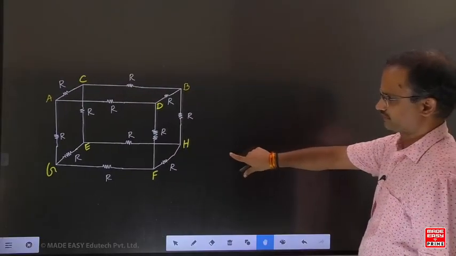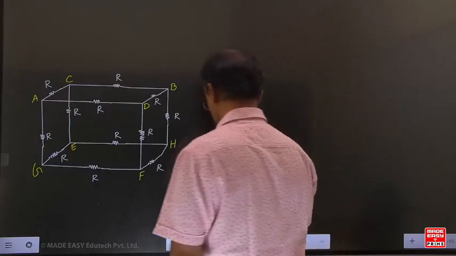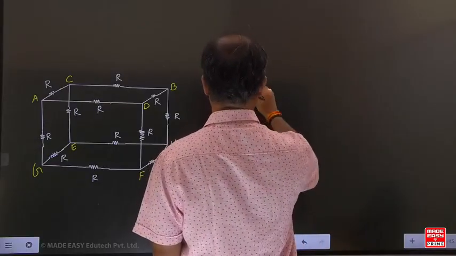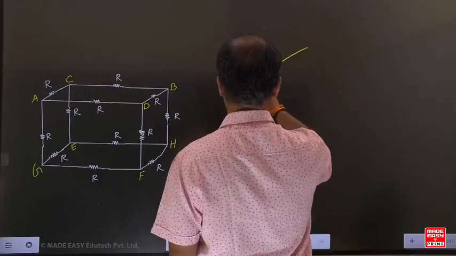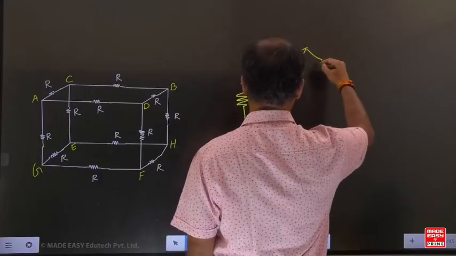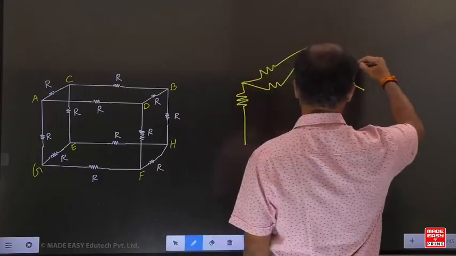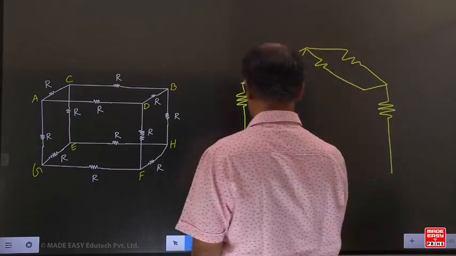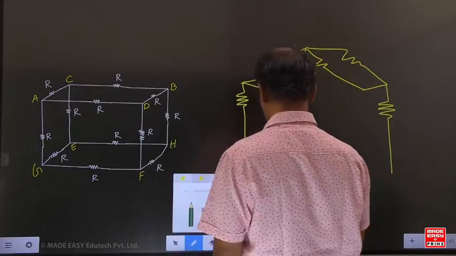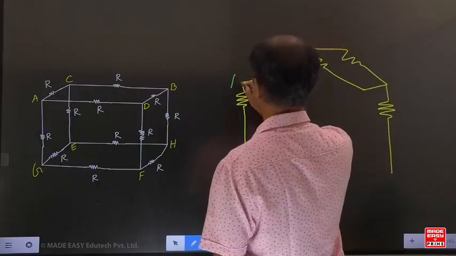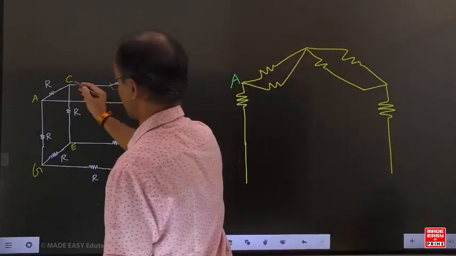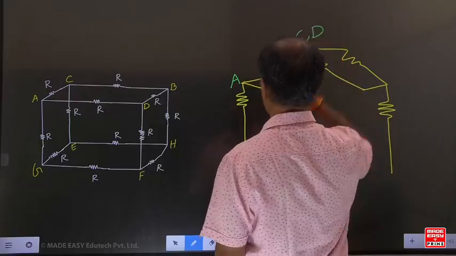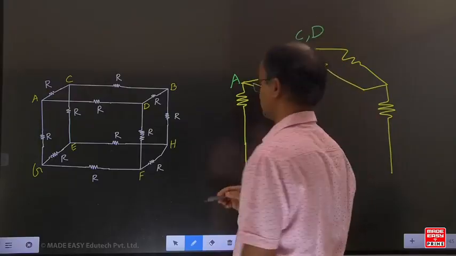Can you redraw the simplified figure for this one? From A, one is going to C, other one going to D. For C and D indicate one common point.